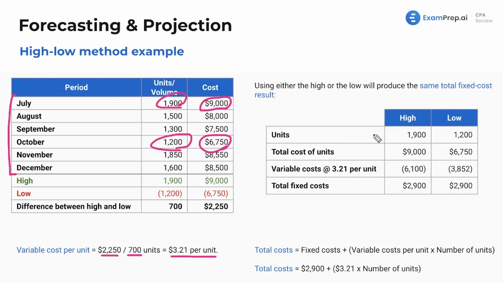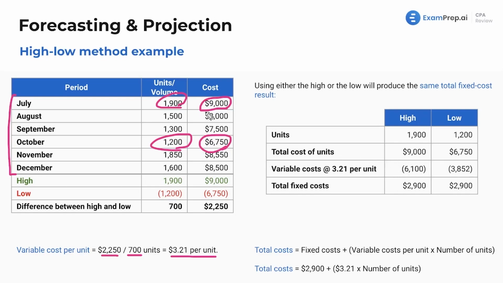Take a look here. With our high numbers, we had 1900 units and total cost of 9000. Variable costs are $3.21 per unit, so $3.21 per unit times 1,900 gets us, and I rounded this a little bit, 6,100. Total fixed costs would have to be the difference between the total cost minus the variable cost.